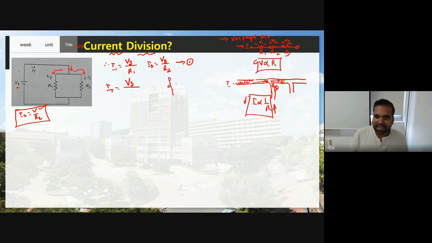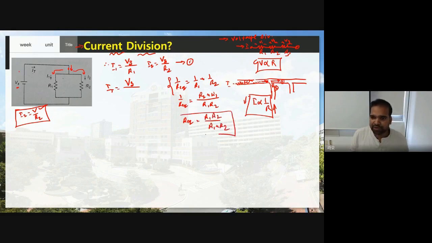How to find R equivalent? 1 by R equivalent equals 1 by R1 plus 1 by R2. If you take the LCM, you get R2 plus R1 over R1 R2. Therefore R equivalent equals R1 R2 by R1 plus R2.